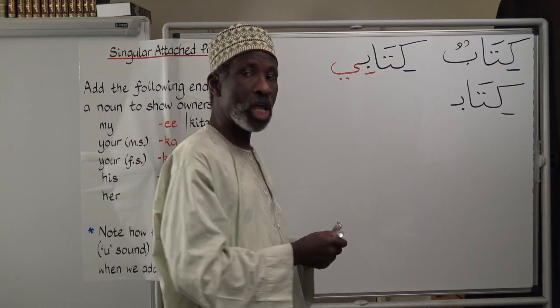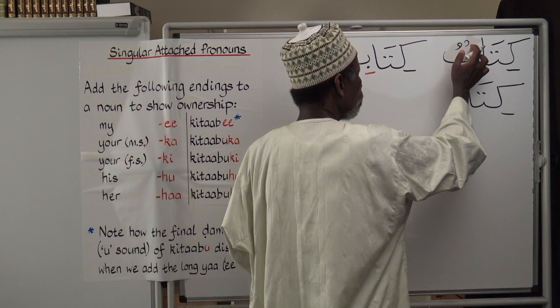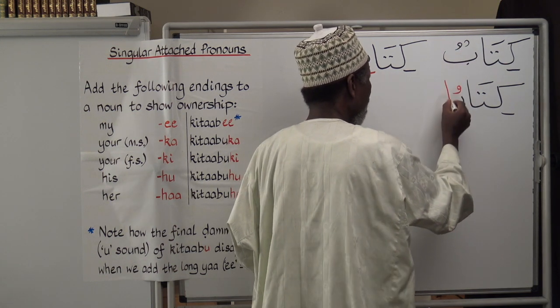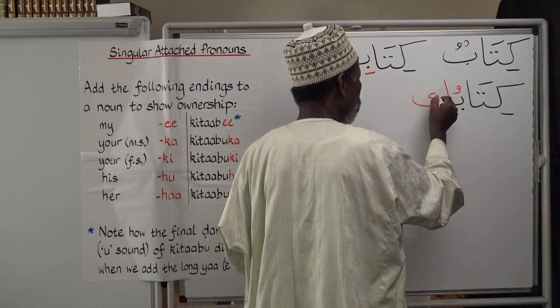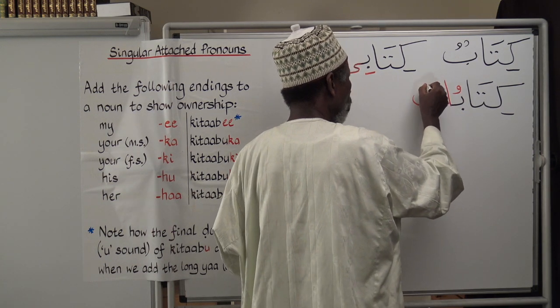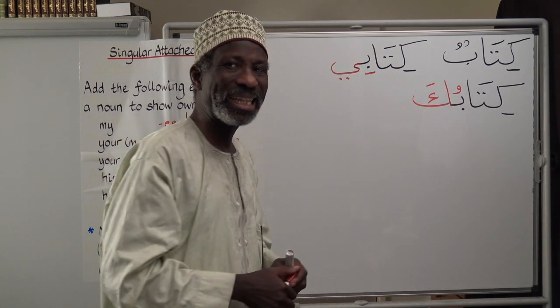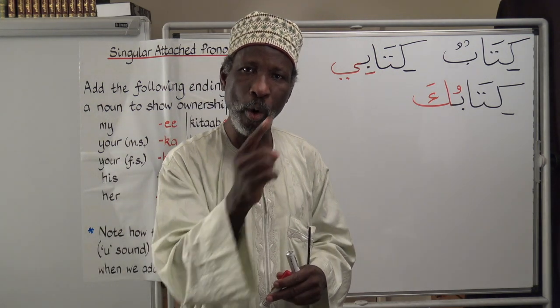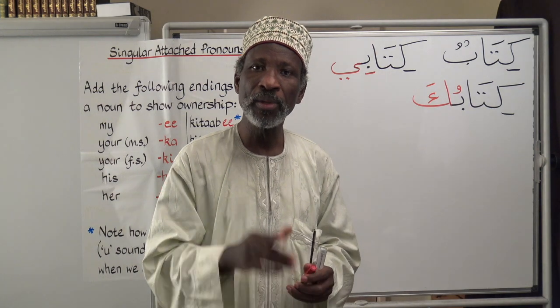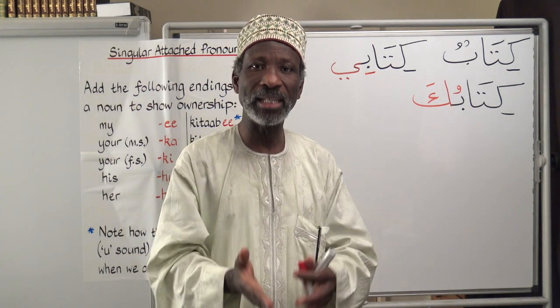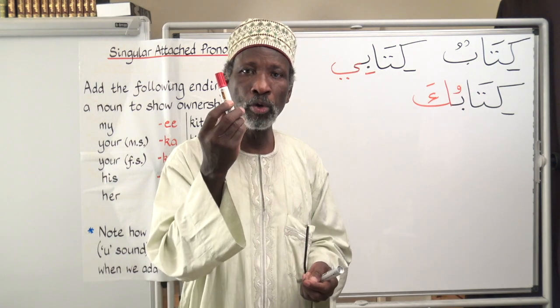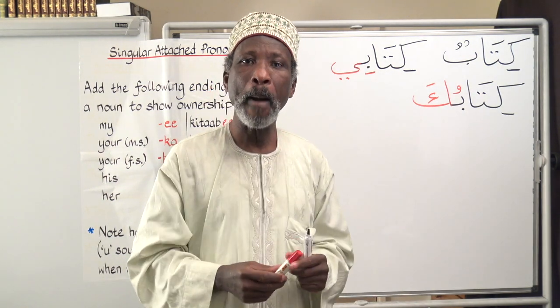If I want to say your book, I will reduce this un into a single u. Then I will add the attached pronoun singular for a male. Kitabu and then ka. So the ending is u ka in terms of second person, the person that I'm speaking to. Kitabu ka. Qalamun, qalamu ka.